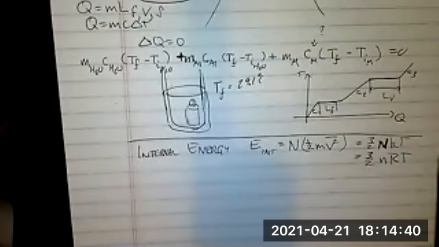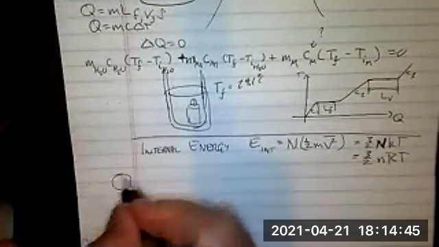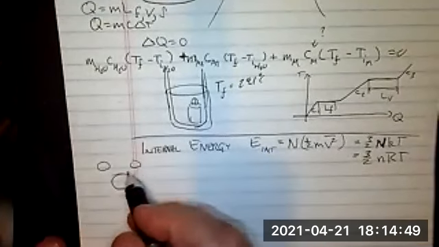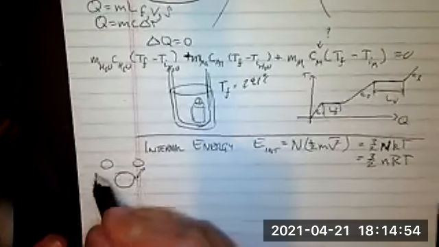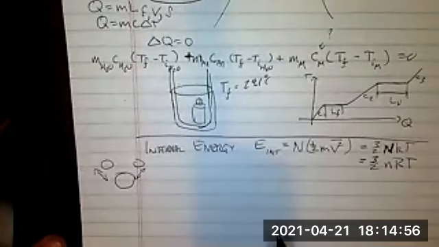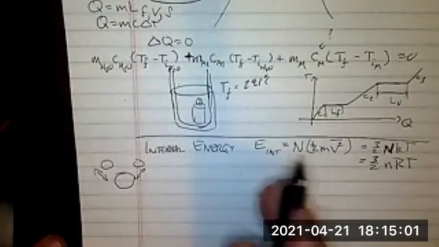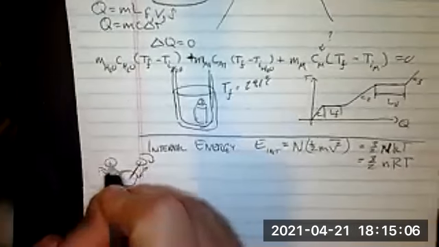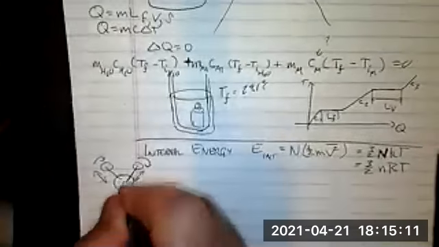But water, since it's this molecule that looks like Mickey Mouse, can actually speed up in such a way that this and this vibrate more, this and this vibrate more. And it could rotate about this axis, and it could rotate about this axis. Okay, it could also rotate about an axis through the center here.